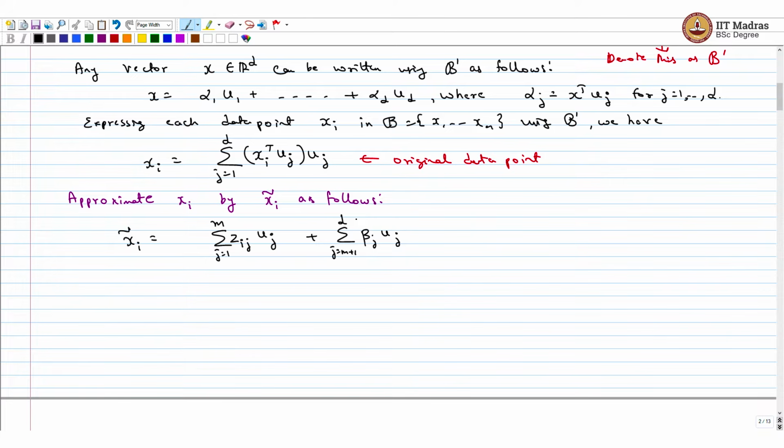Now this is the projected data point, a point that belongs to the m-dimensional subspace.